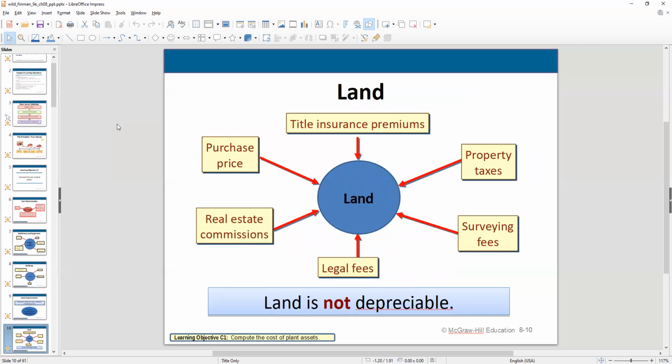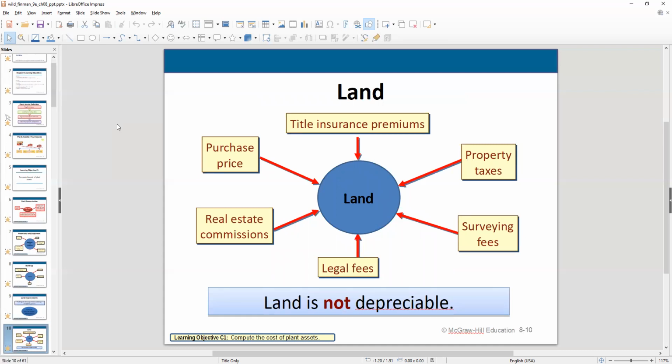Land is a little bit different. You will carry it on the books at its acquisition cost, but we're not going to depreciate it. It's going to stay the same from the day you bought it until you sell it. So that's important. When we do a tax return and add buildings that are attached to land, where they buy a building with land, we actually have to separate out the land when we list a building.